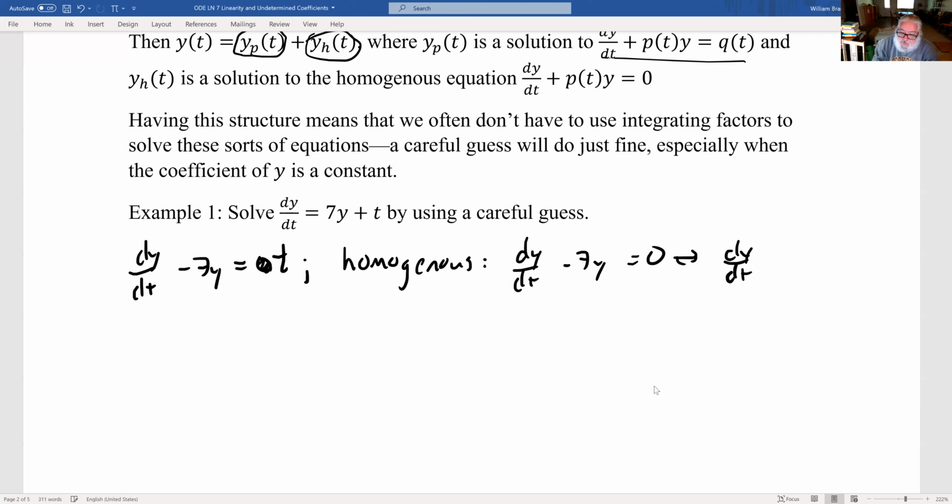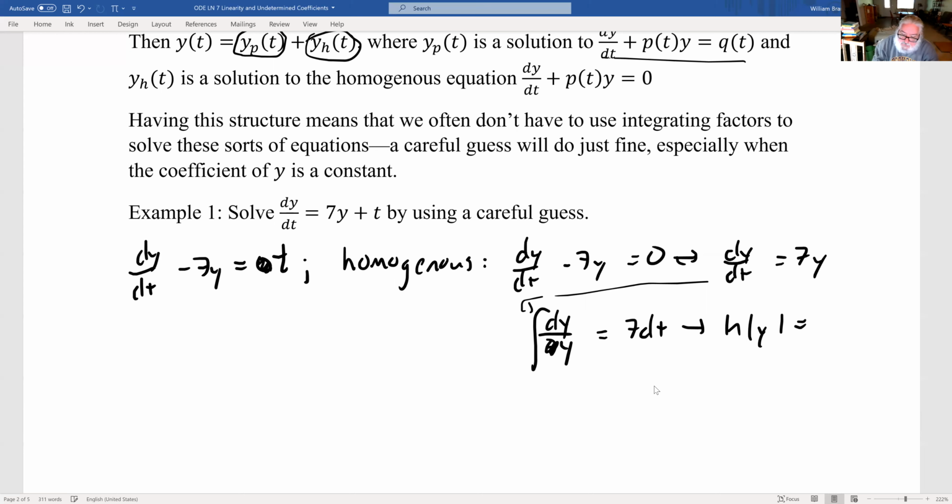If we go back to dy/dt equals 7y, then this becomes dy over y equals 7 dt, which means log of y, after we integrate both sides, equals 7t plus c. So y equals e to the 7t plus c, which is k e to the 7t.